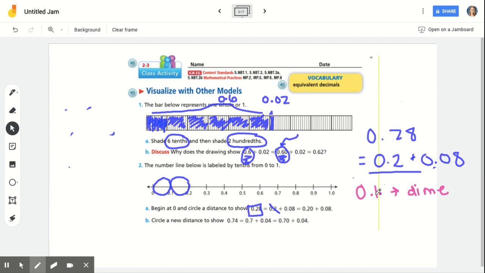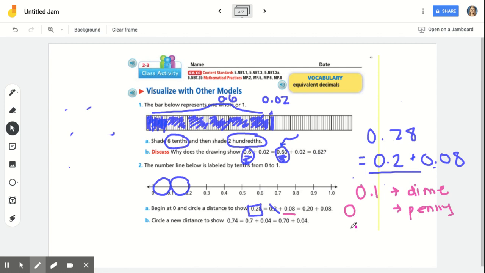I want to exchange this dime in. I want to cut it up into smaller increments, and I want to show hundredths. What currency do we use to represent hundredths of a dollar? Pennies. Okay. And I'm going to split it up into how many pennies is equal to 1 dime?